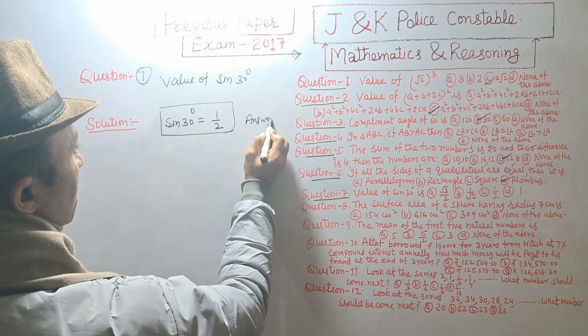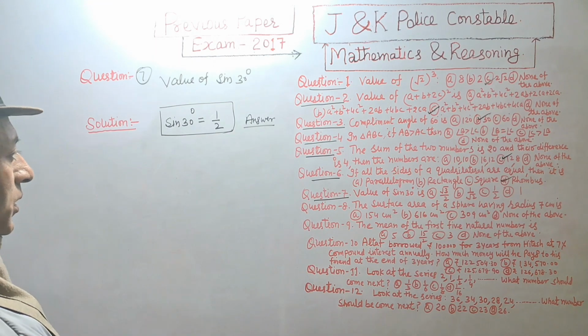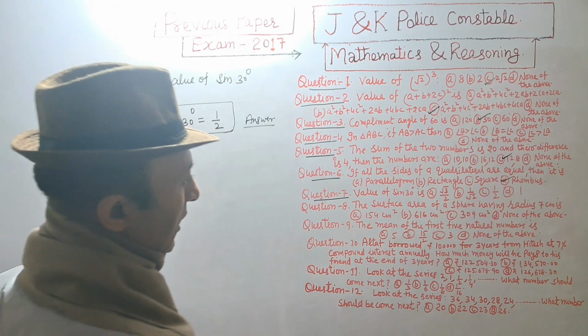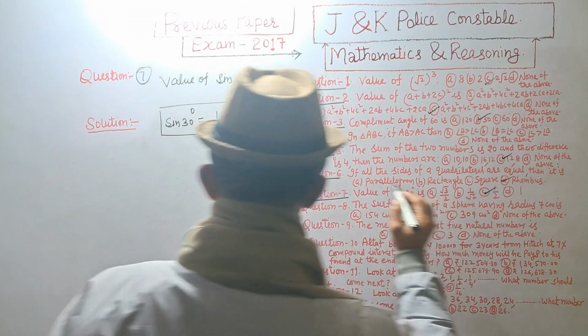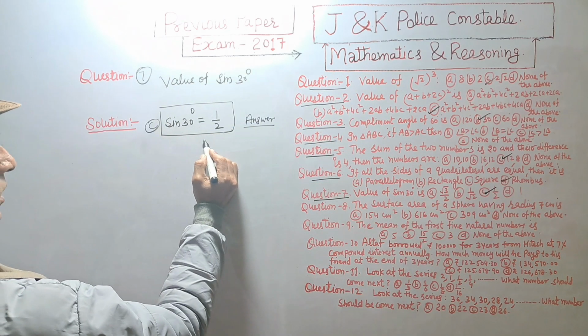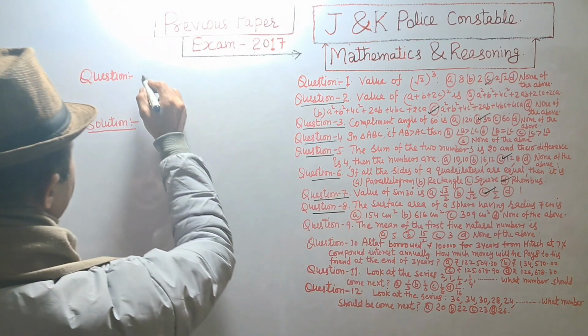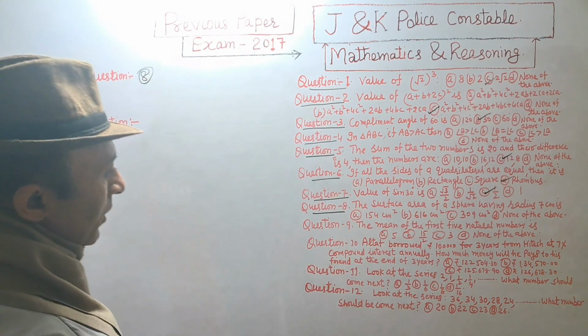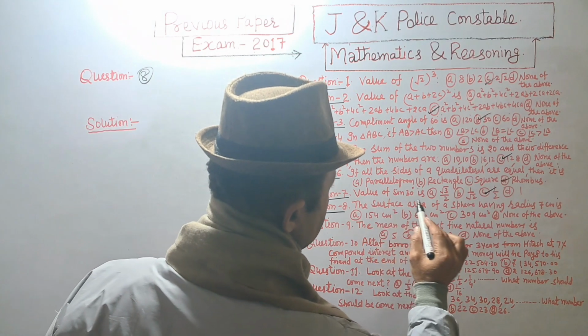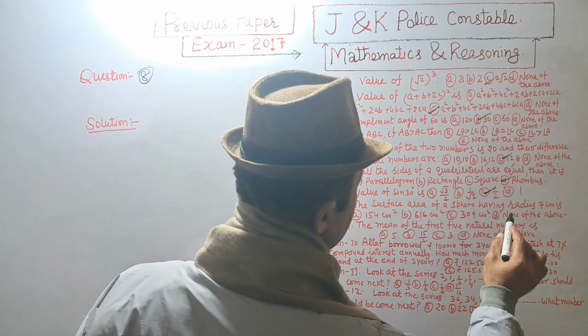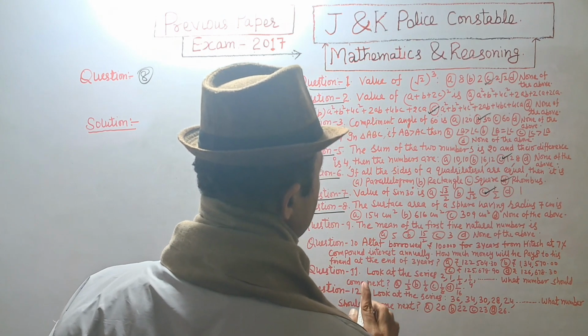Answer, sin 30 degree equal to 1 upon 2. That is option C. Option C is correct answer. Question number 8. The surface area of a sphere having radius 7 centimeter is.